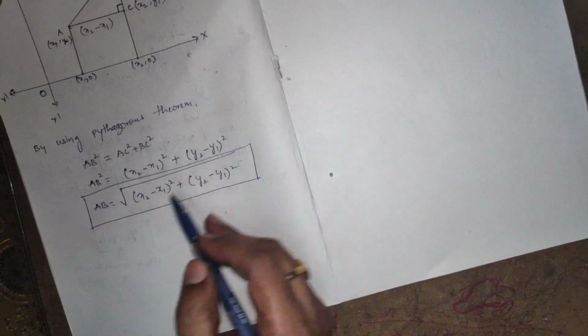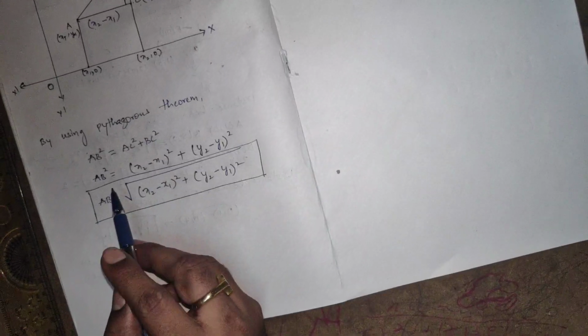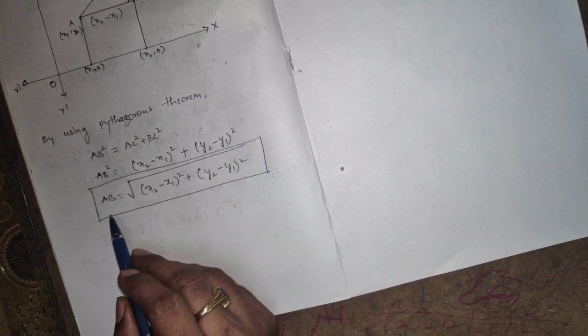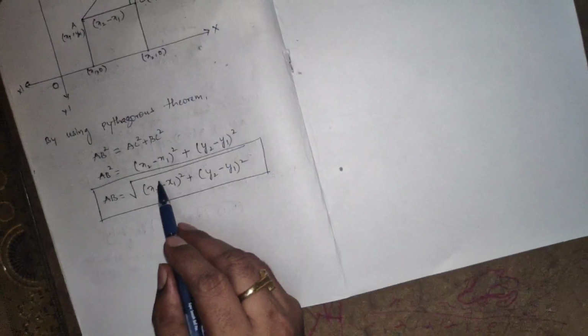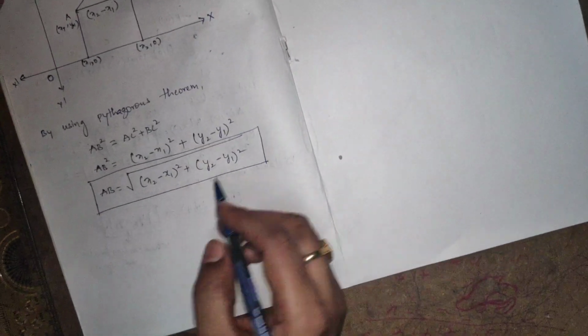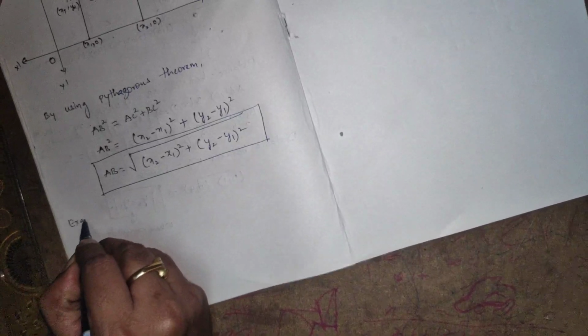By using Pythagoras theorem, as the square of the hypotenuse equals the sum of the squares of the other two sides, AB square is equal to x2 minus x1 whole square plus y2 minus y1 whole square. Therefore AB is equal to root of x2 minus x1 whole square plus y2 minus y1 whole square. Now let us solve an example.